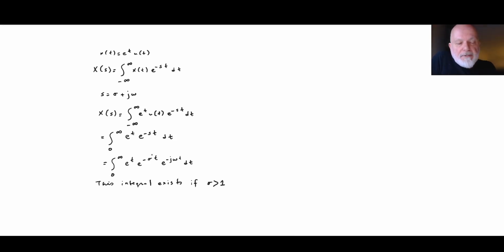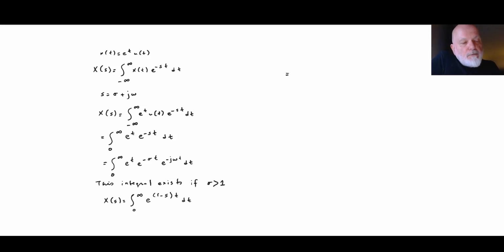Okay, and what is the integral? Therefore, X of s is now, okay, we have this condition that should be satisfied by sigma to have a convergent integral. From 0 to infinity, we have e to the 1 minus s t, integrated with respect to t.